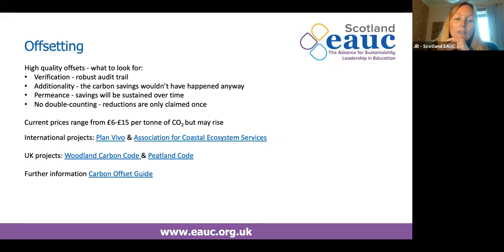Some interesting UK projects are the Woodland Carbon Code and the Peatland Code, and links to those will be circulated with the slides after the meeting. And if you wanted to look into it further, there's a great carbon offset guide that is linked there.